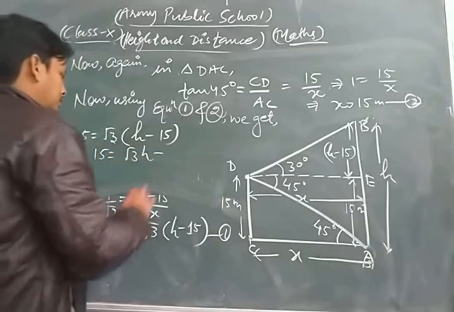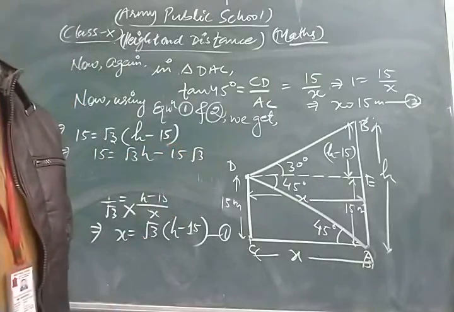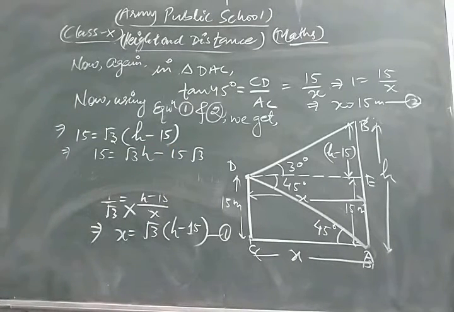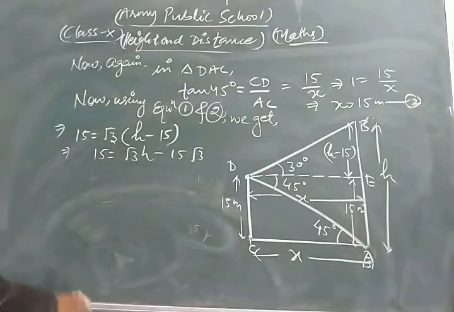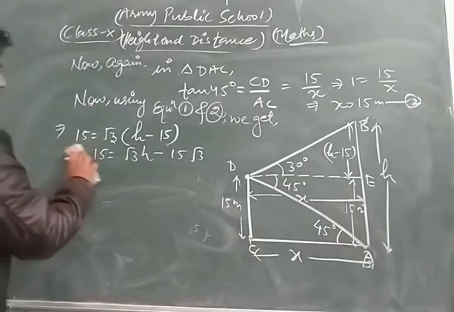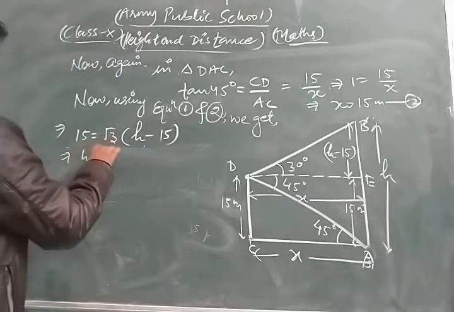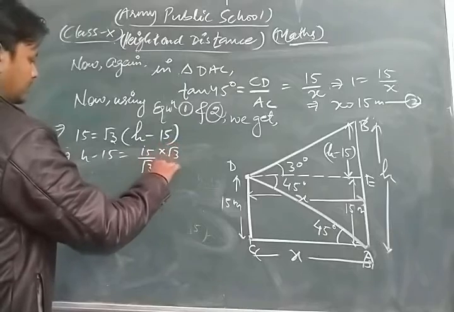H minus 15 is equal to 15 upon root 3. Now from there, we do the rationalization.